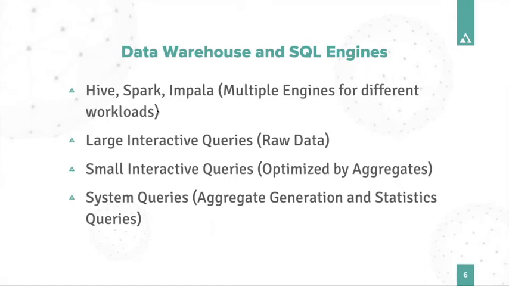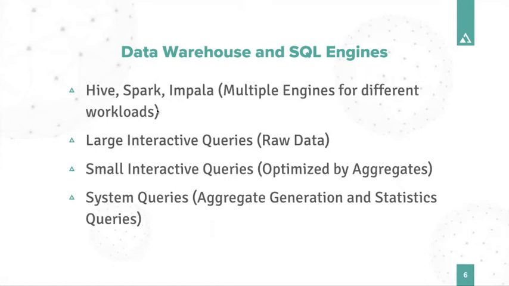Diving a little deeper into what these categorizations mean, if you see on the screen, a large interactive query is a query which AtScale believes cannot be served by an aggregate and has to go back to your data warehouse and join or get the results from the base tables, right? So that is at a very high level categorized as a large interactive query. There may be other scenarios, but at a very high level, that would be a large interactive query.